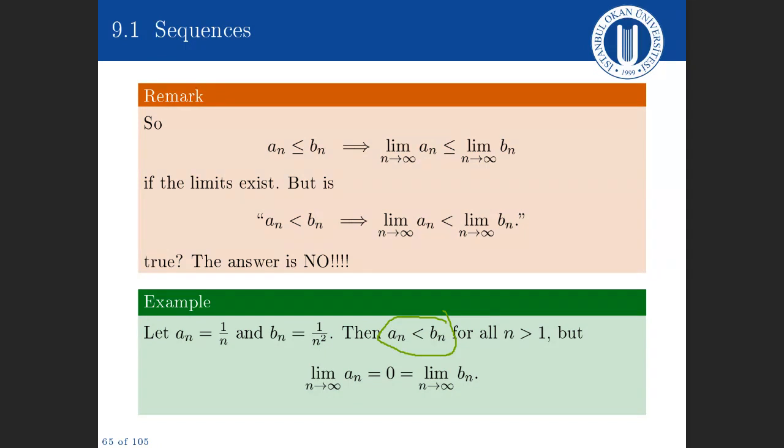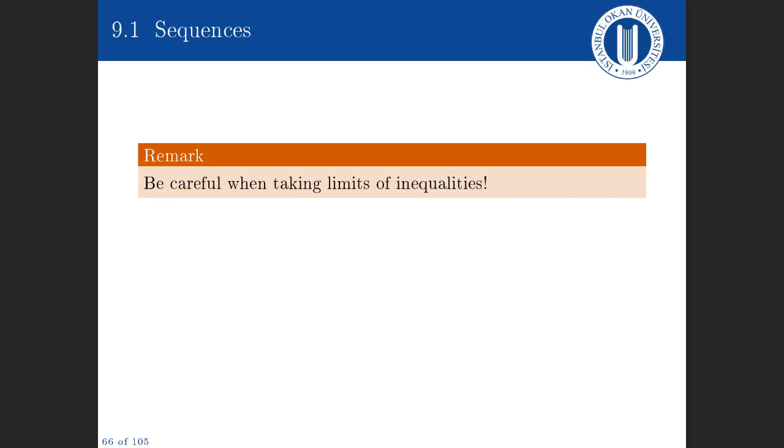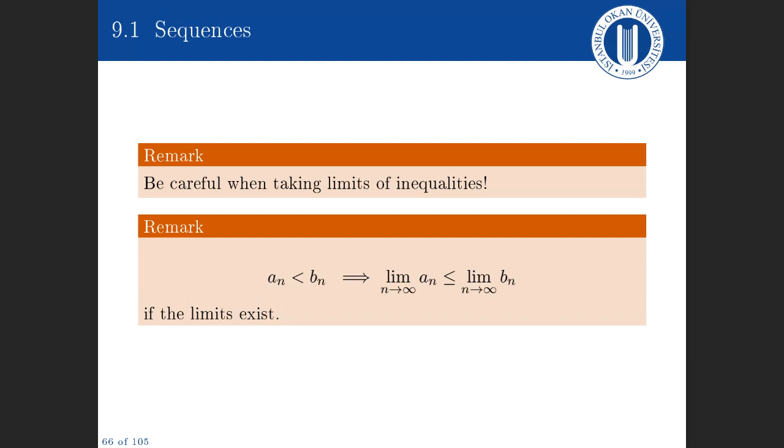But the limits of these two sequences are both 0. An is strictly greater than Bn, but the limits are the same. So let me just warn you, be careful when you take limits of inequalities. The correct rule to use is that An strictly less than Bn implies that the limit of An is less than or equal to the limit of Bn.